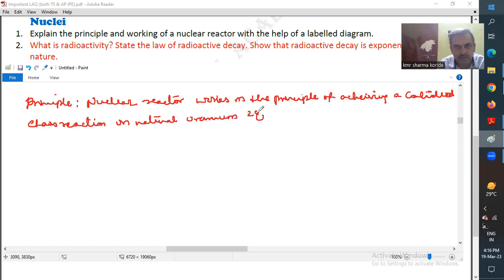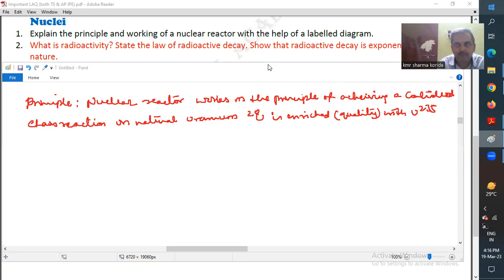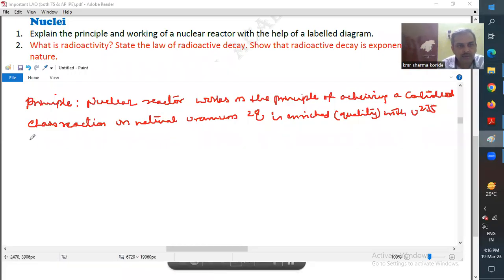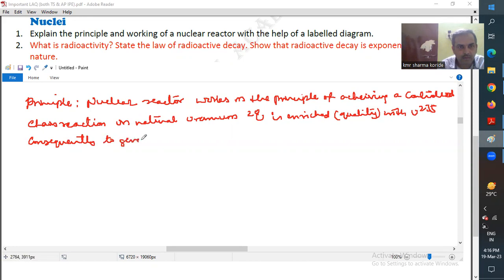So that is U-238 is enriched with, enriched means quality, enriched with uranium-235. Consequently, to generate a large amount of heat. Now, this is the principle.